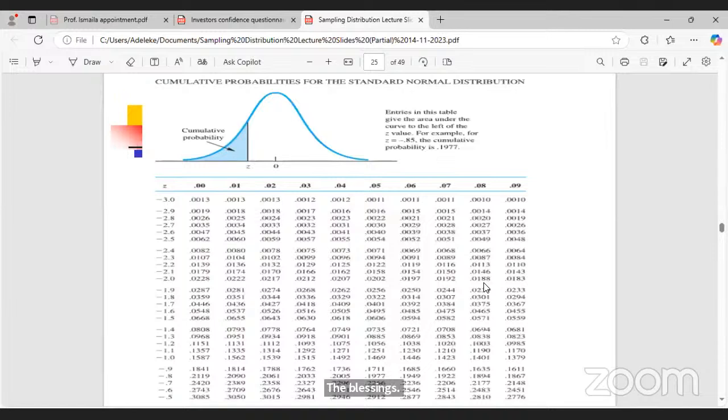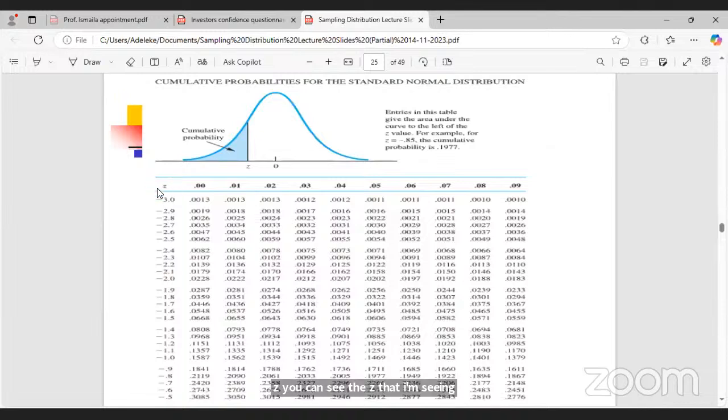So the first one is the Z table. I'll just show you how to check the probabilities in the table, and then later we'll see how we make use of those figures. But how do you just check the table? Now, the table that you have is also known as the Z table. You can see the Z that I'm circling around here.